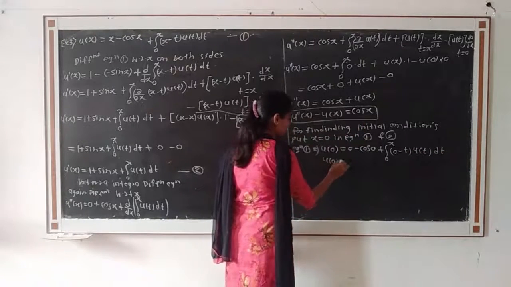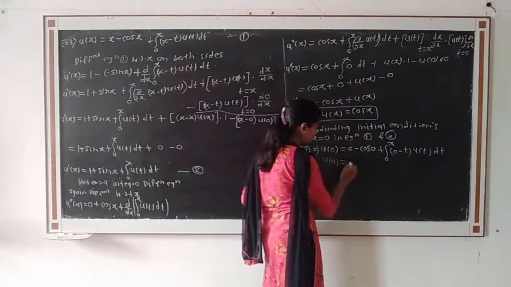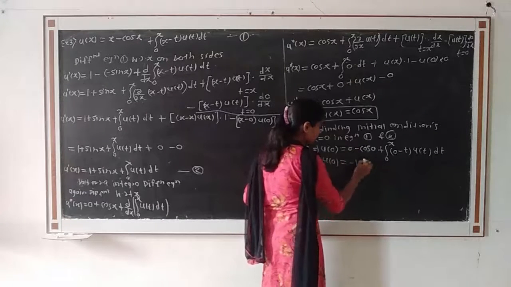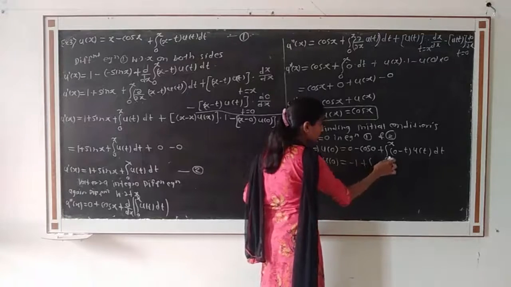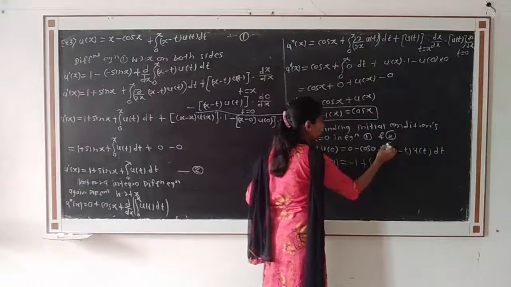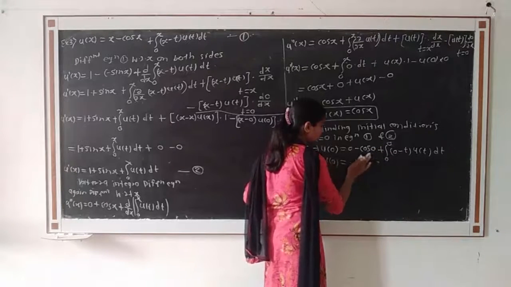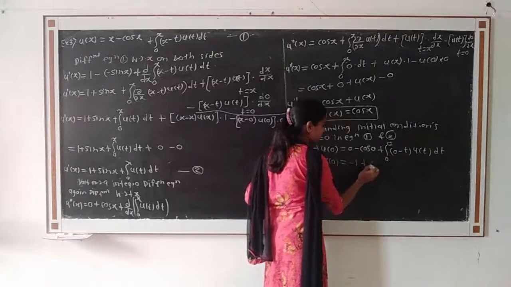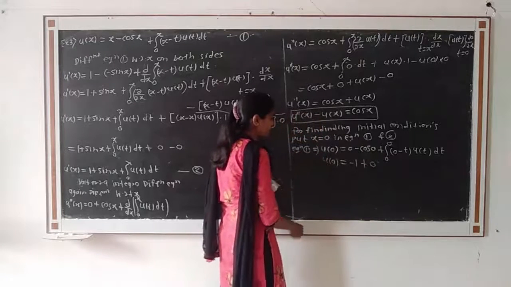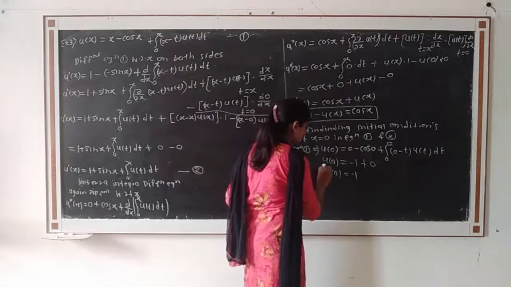That is, u of 0 is equal to 0, cos 0 is 1, that is minus 1, plus the integration from 0 to 0, which becomes 0. Then we get u of 0 is equal to minus 1.